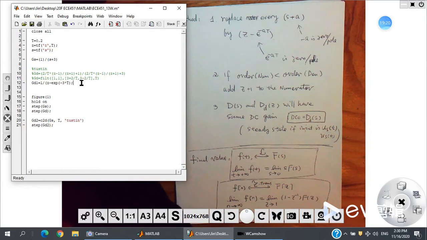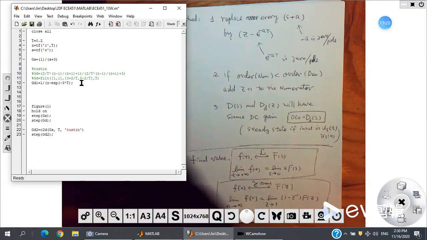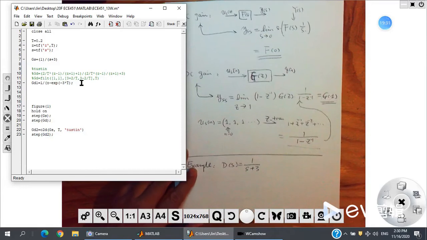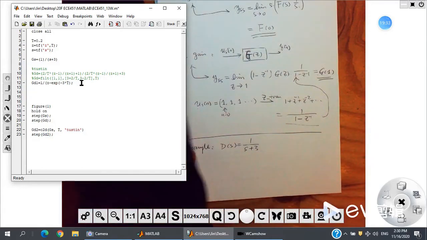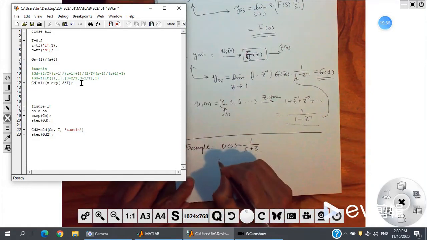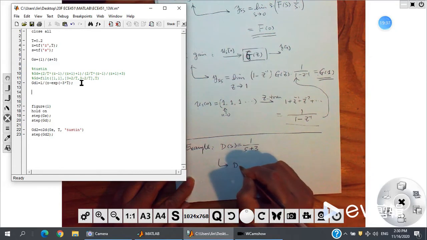But then we need to check the final value. Let me do it. D1, DD, I just write DD.